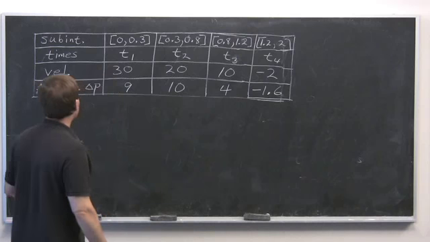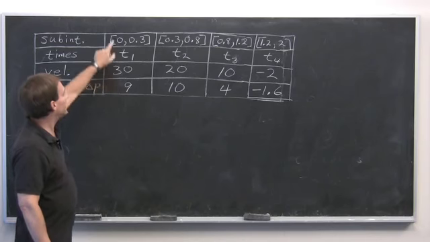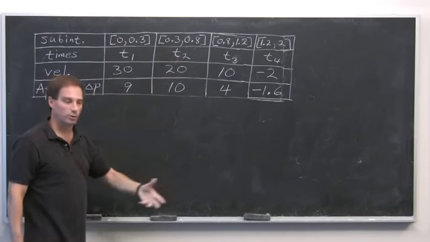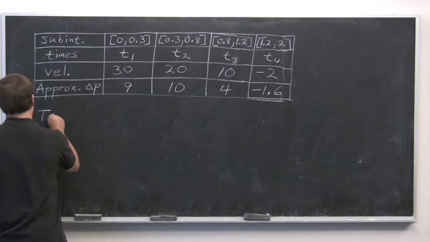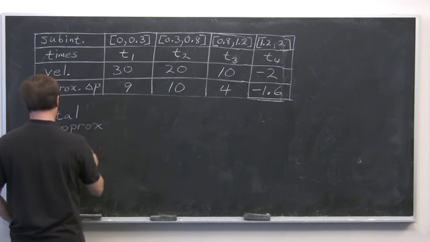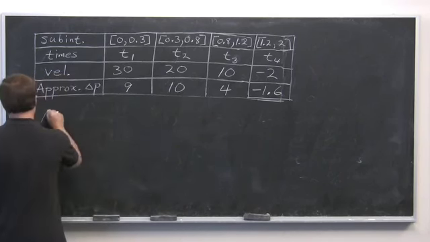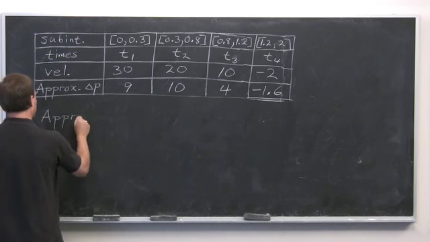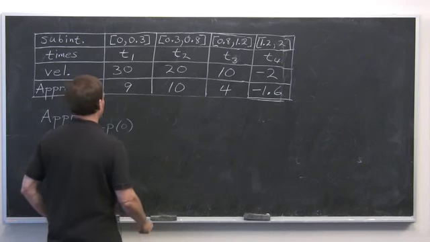Those numbers that I wrote are the approximate changes in position on each of the subintervals, and then the total approximation for the change in position. So the approximate total change in position, the approximate P of 2 minus P of 0, is the sum of these.